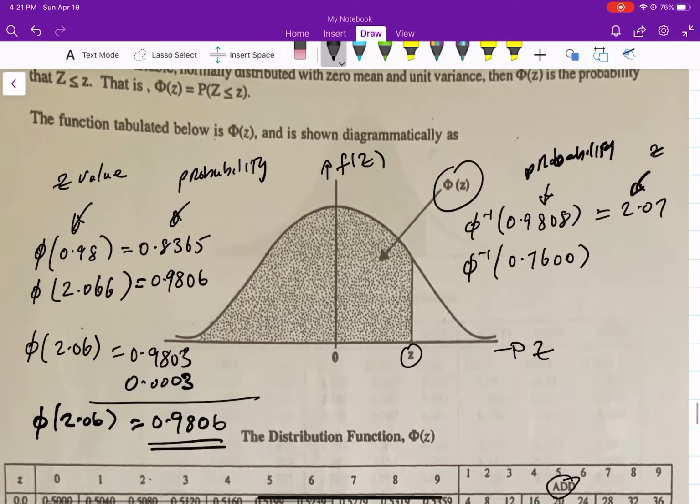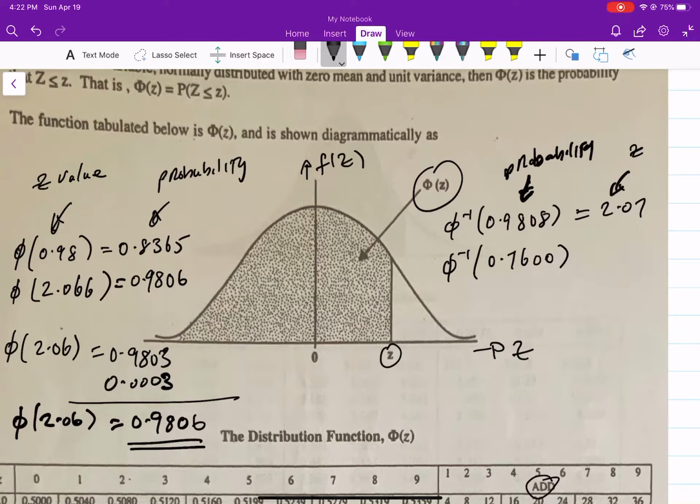On the other side, I'm going to do the reverse. In the brackets, I have the probability. I'm finding the phi inverse function. Those are the probabilities in there, which would be in the body of the table, and I have to cross-reference that probability in the body of the table with a specific z value. So let's see, 0.9808.